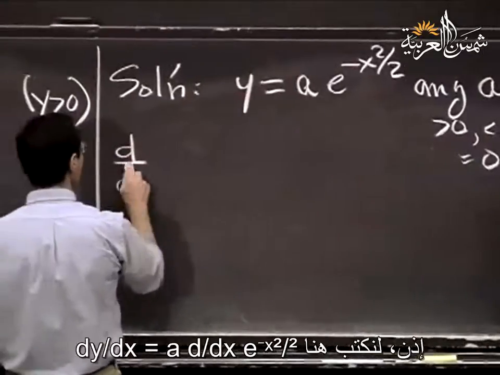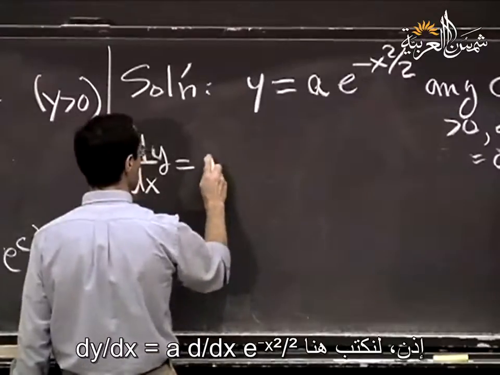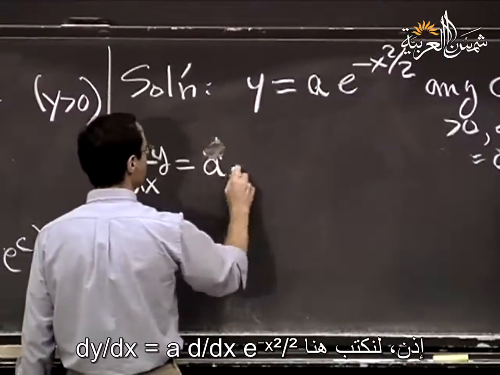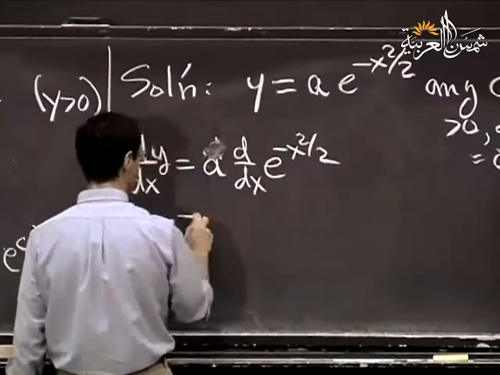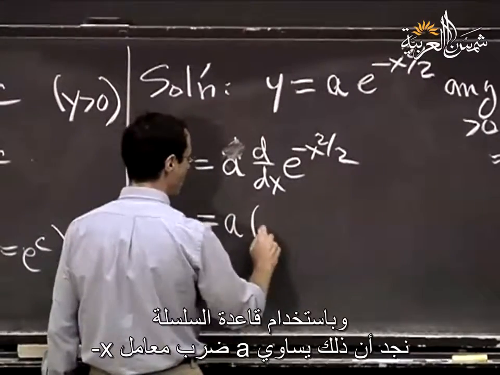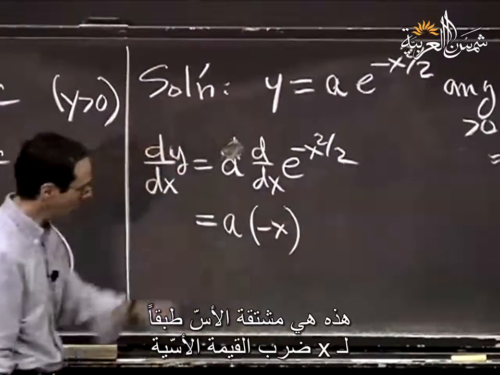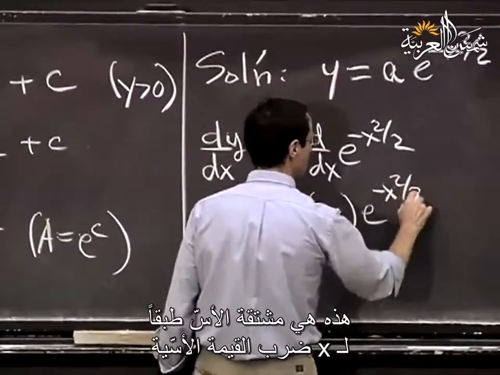If you take d by dx of y, that's going to be a times d by dx of e to the minus x squared over 2. And now by the chain rule, you can see that this is a times the factor minus x. That's the derivative of the exponent with respect to x times the exponential.